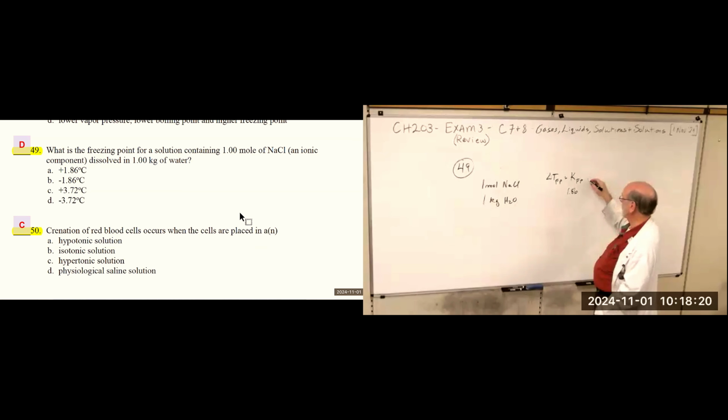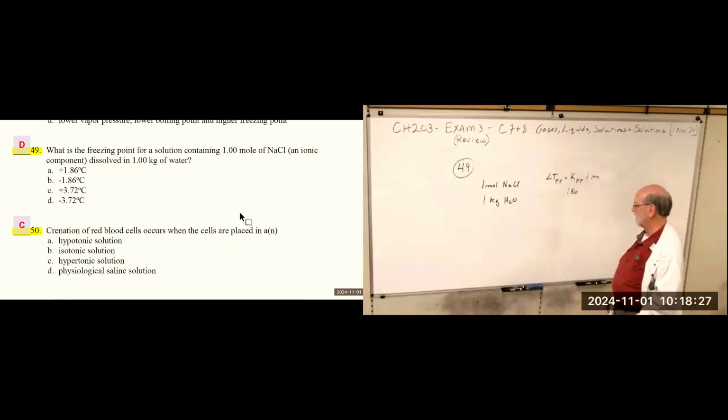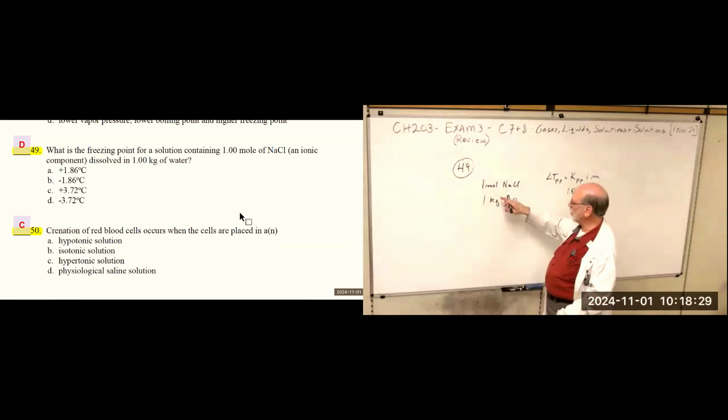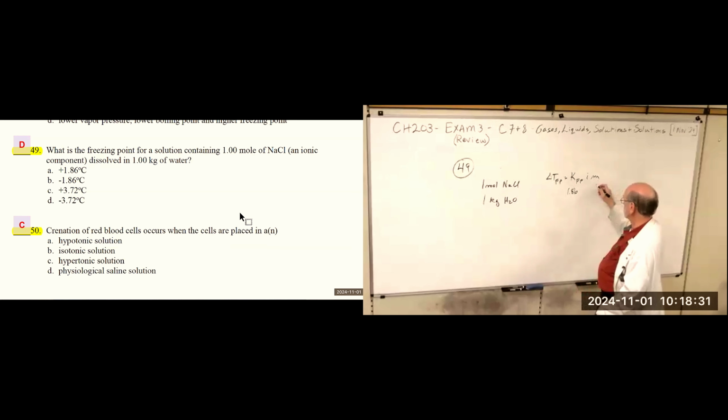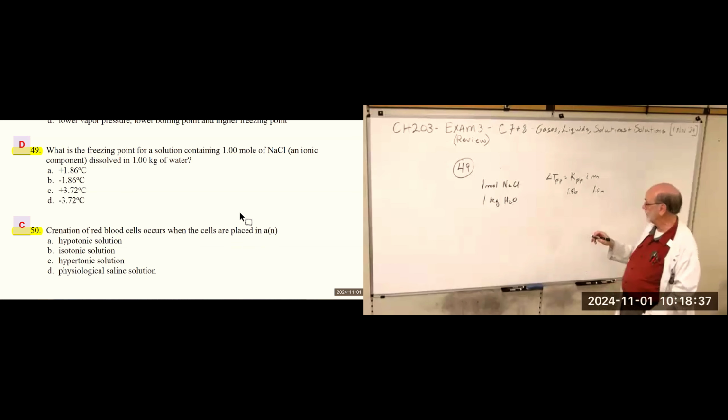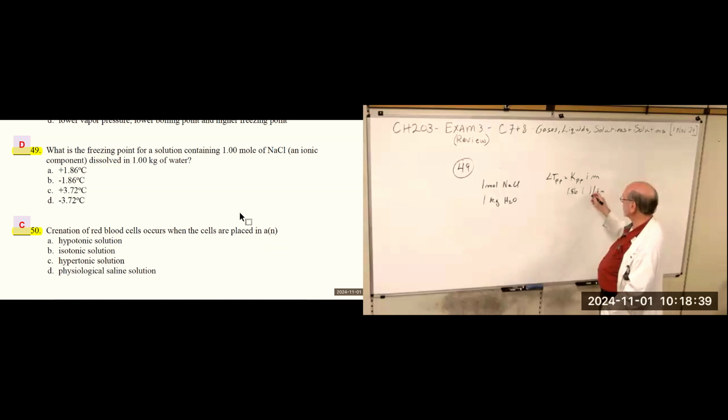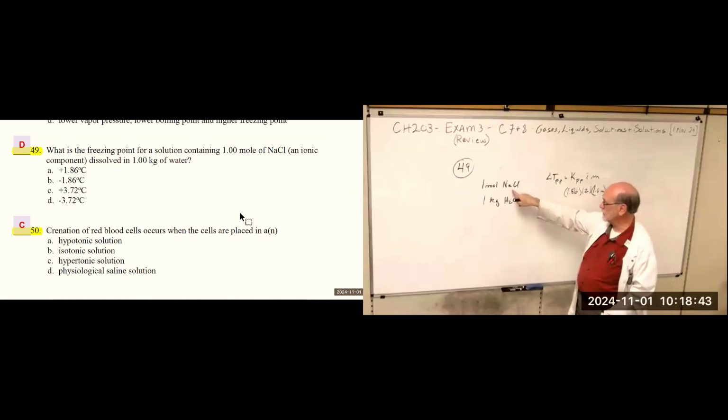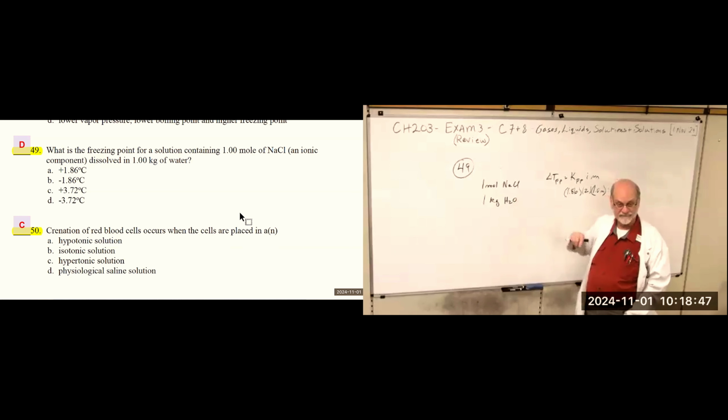And then we have the van 't Hoff correction and the molality. So what's the molality here? 1 mole per kilogram. So molality is 1 molal, 1 mole per kilogram. And i is 2, because this breaks up into 2 ions. Okay?